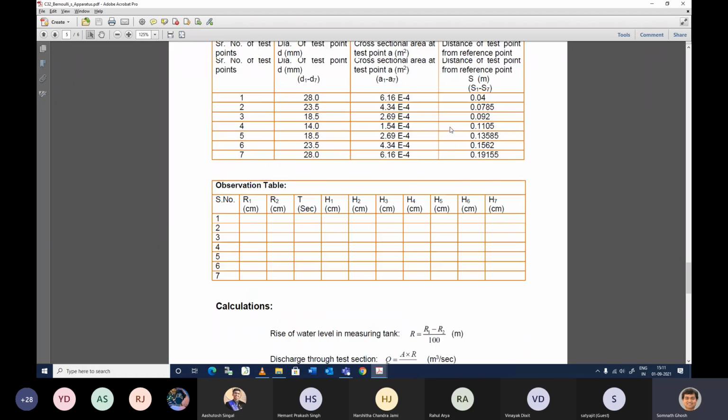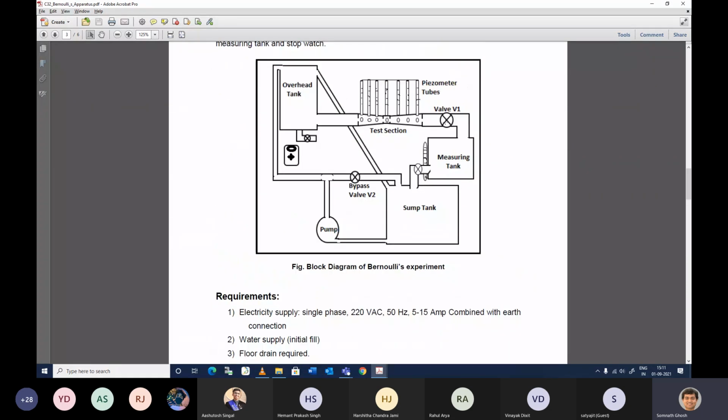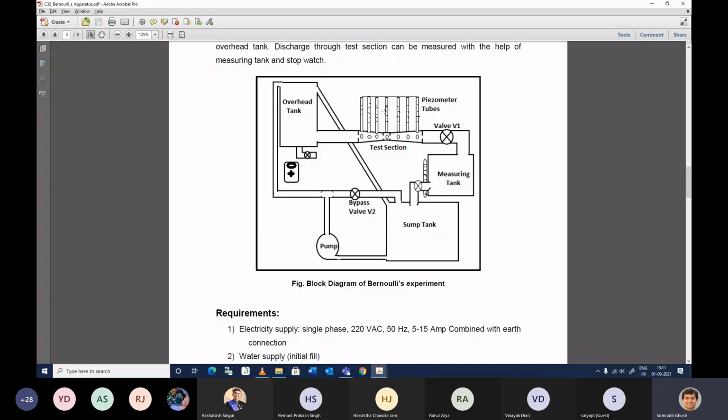In the Bernoulli setup there are different piezometric tubes, and the liquid in them will have different heights due to the pressure inside the setup. From that height you can calculate the energy due to the pressure. You need to sum up these two components: the energy due to the flow velocity and the energy due to the pressure.